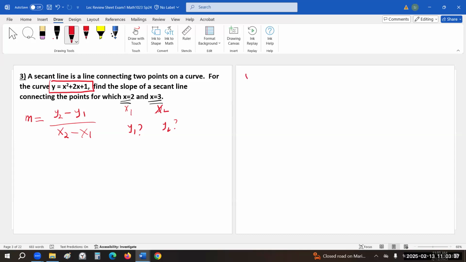So our function is y equals x squared plus 2x plus 1. And we know our x1 is 2. That means our y1 is 2 squared plus 2 times 2 plus 1.